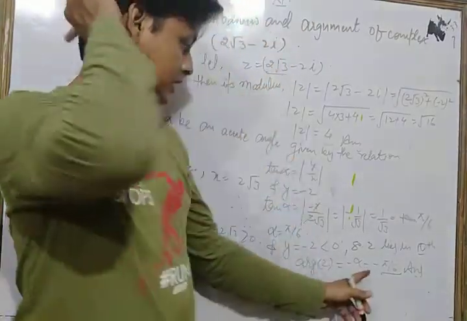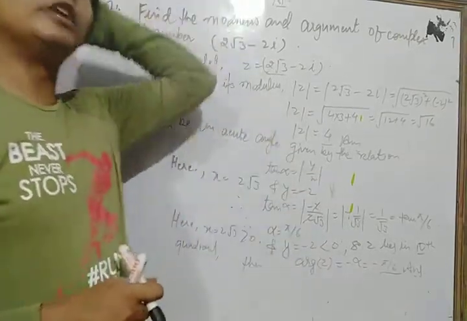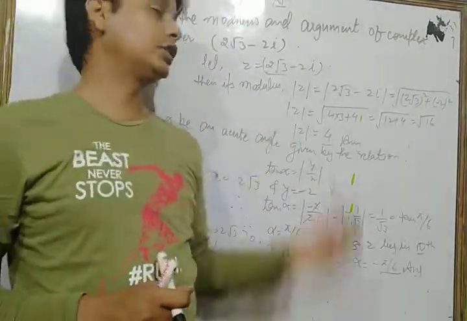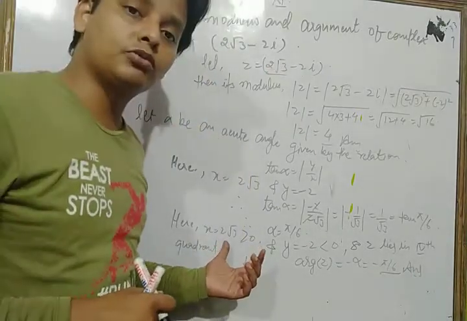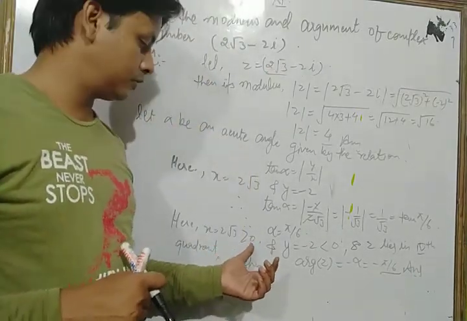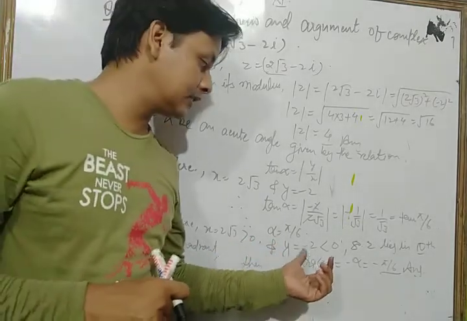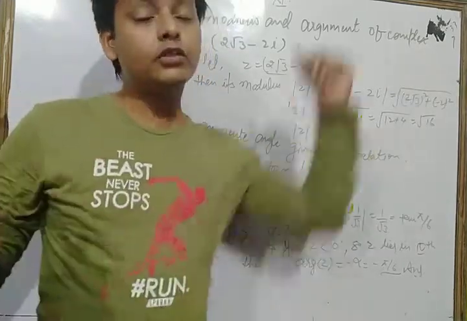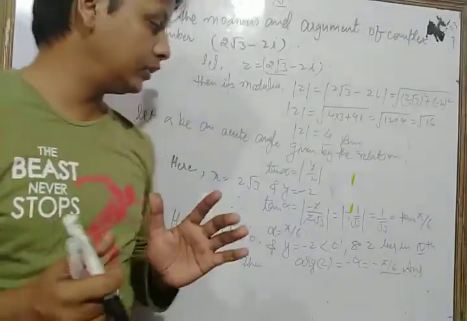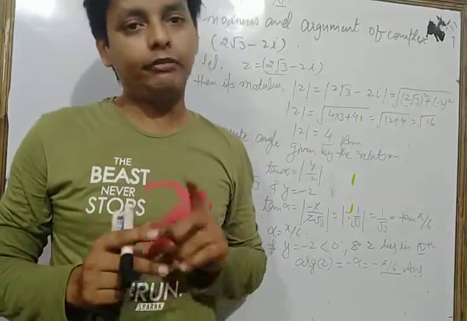Yes, right. Dear students, if we observe the given point, the value of x is 2 root 3, which is greater than 0, and the value of y is minus 2, which is less than 0. So we know that x is positive and y is negative.